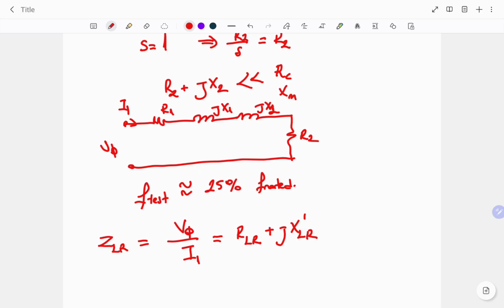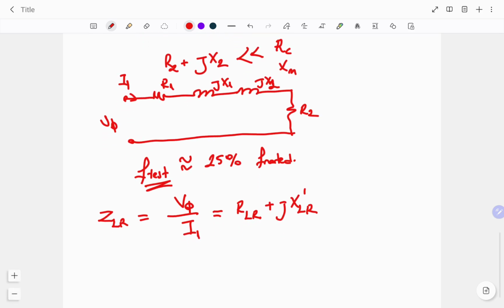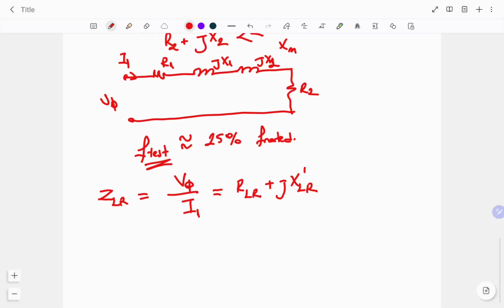Why prime? Because we need to change our test frequency to the normal rated frequency values. So we will calculate the referred, changed, adjusted locked-rotor reactance initially. Okay, what about the locked-rotor resistance?